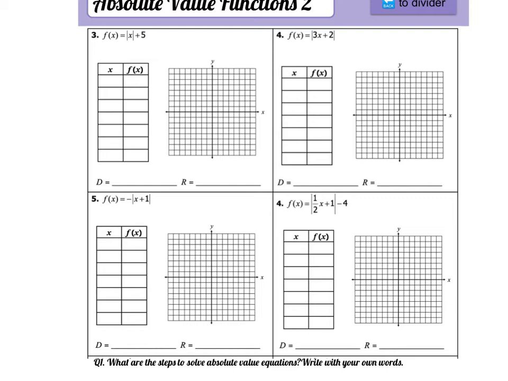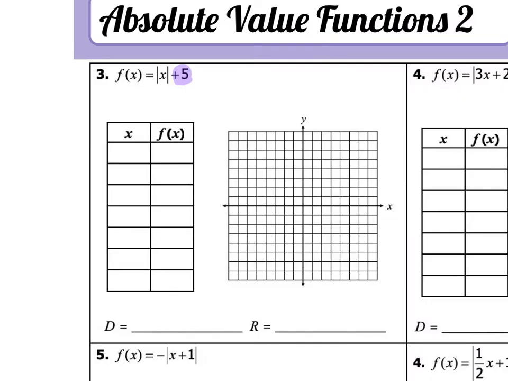Like number 3, you have another value attached to the absolute value. When you're looking for the x coordinate of the vertex, you only need what's inside of that absolute value symbol, which in number 3's case has only x. So x equals 0. 0 goes in the middle row.